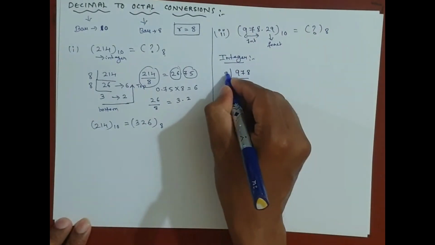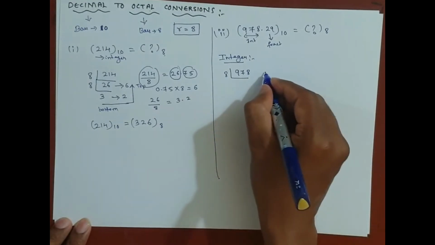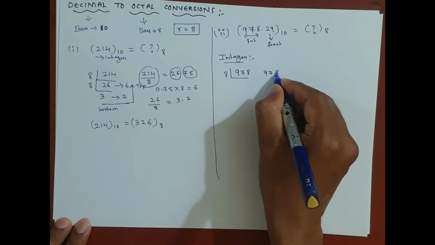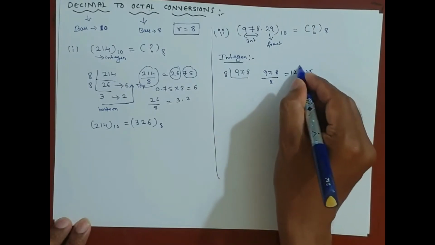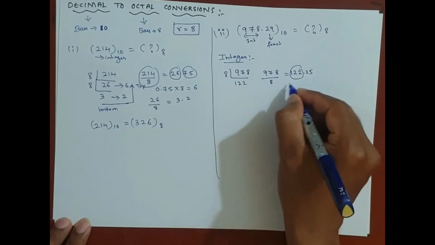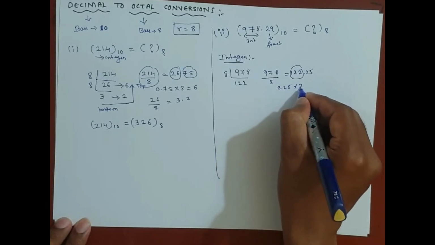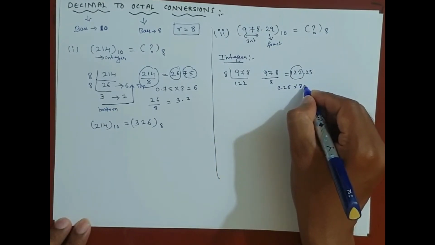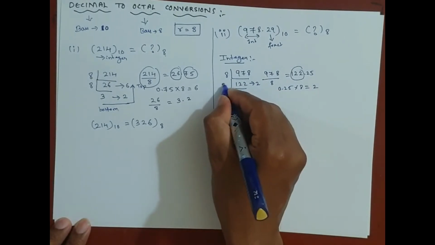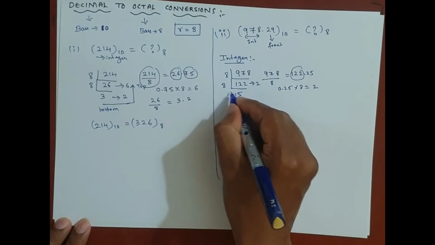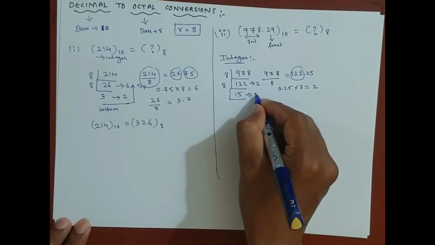If I divide 978 by 8, it equals 122.25, so take this 122 over here, and 0.25 multiply by 8 will be equal to 2. It means the remainder is 2. Similarly, divide by 8, here it will be 15, the remainder is 2.